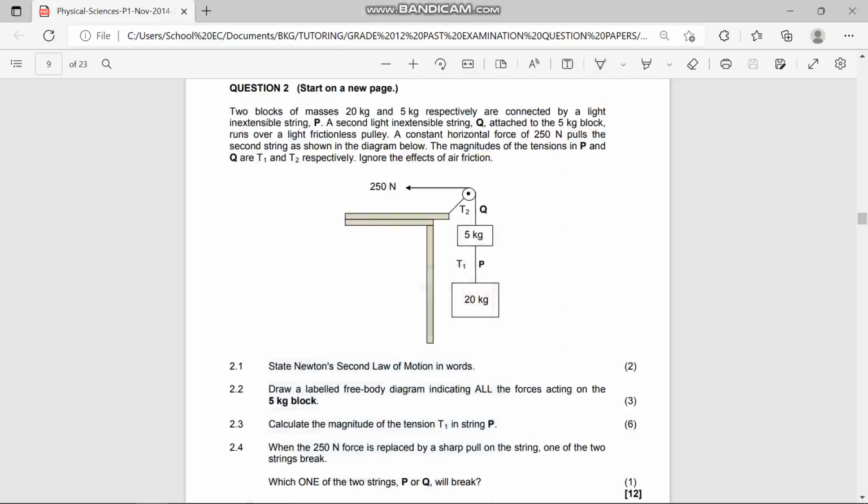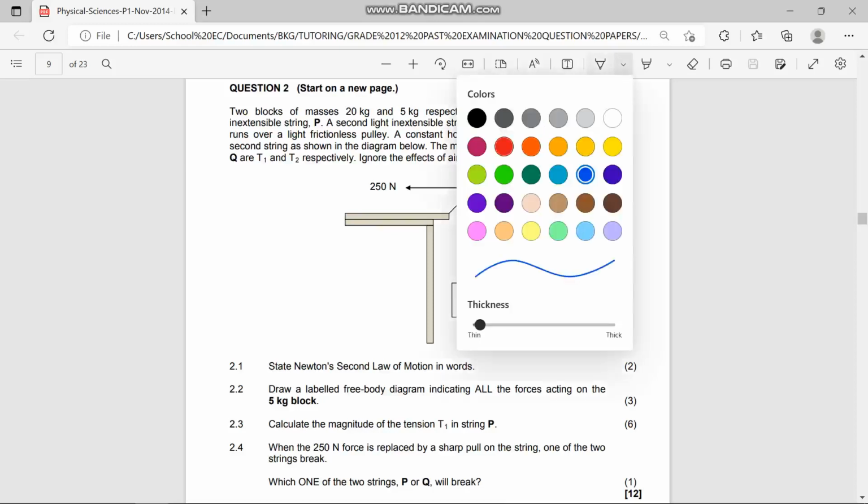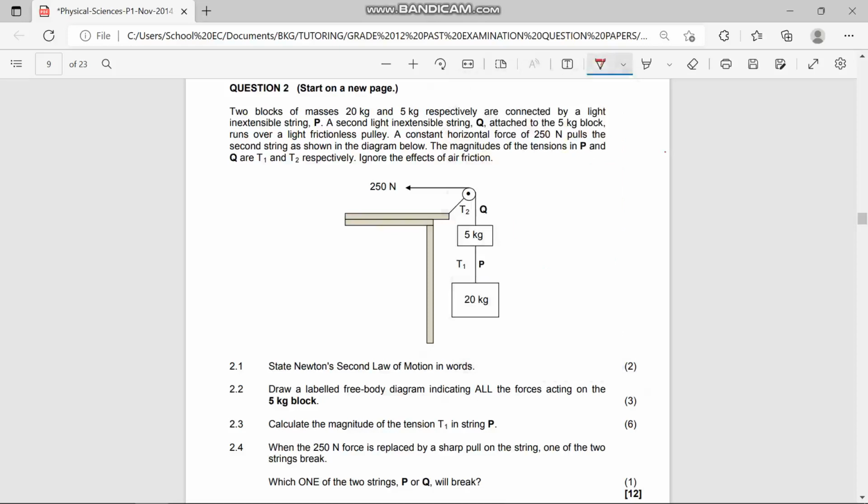So we have this scenario here, our question paper 2014 November, Physical Sciences, physics side. Question 2 says two blocks of masses 20 kg and 5 kg respectively are connected by a light inextensible string P, which is also our tension 1.